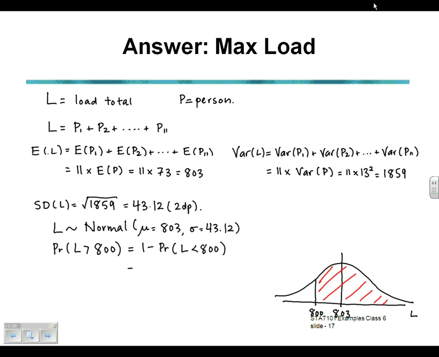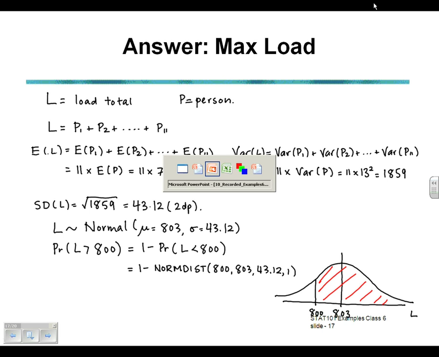That makes 1 minus NORM.DIST from Excel. We'd need 800 for the X value, 803 for the mean, 43.12 for the standard deviation, and 1 for cumulative.